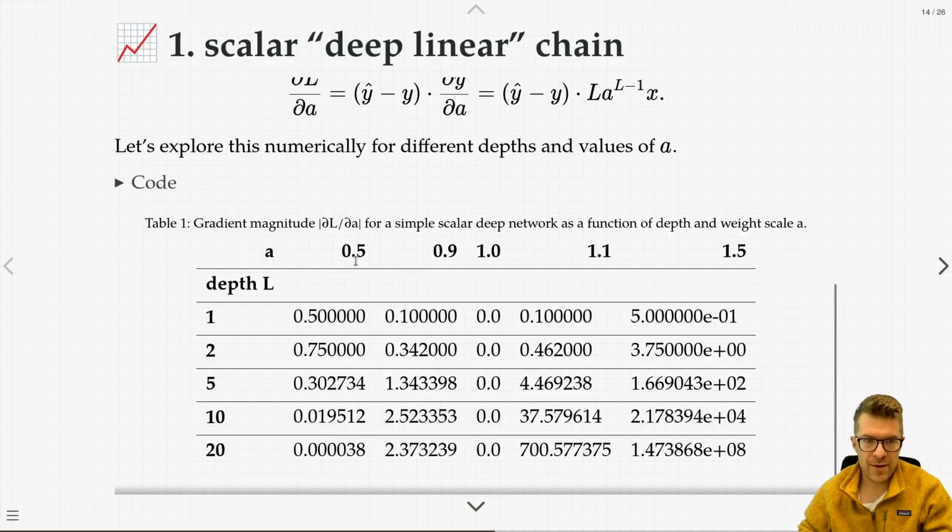So when I have these very small magnitudes A, like 0.5, and I have a depth of, oh sorry, one more thing.